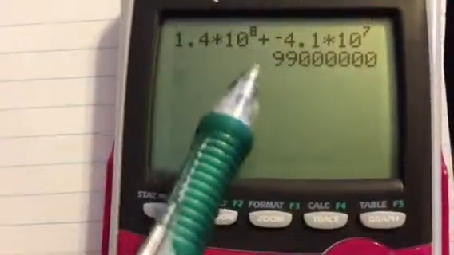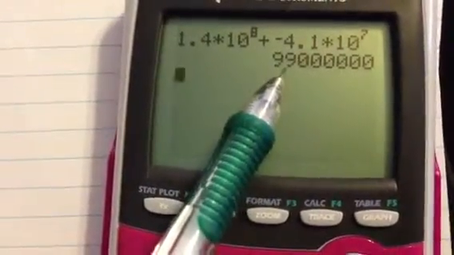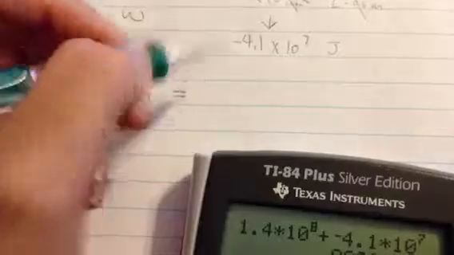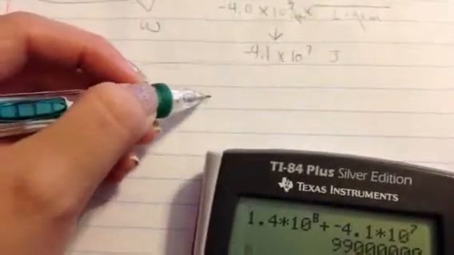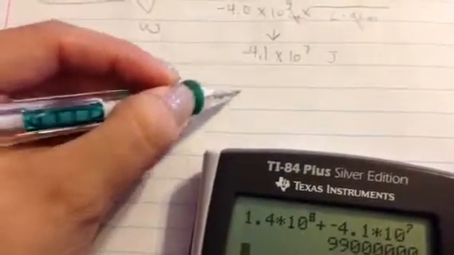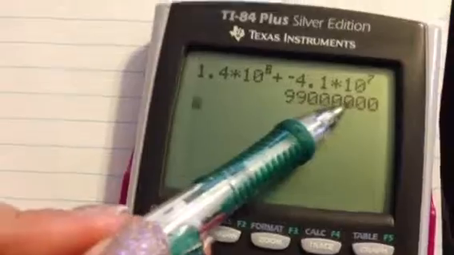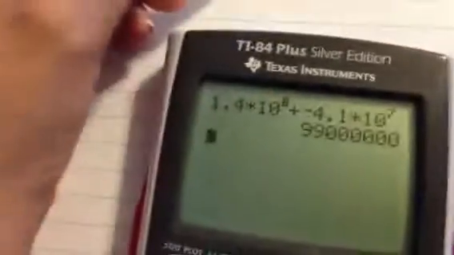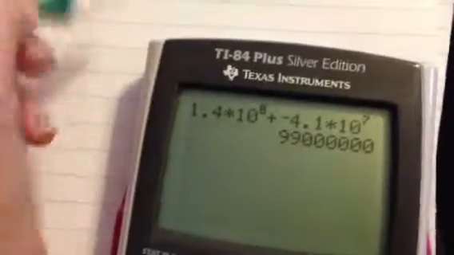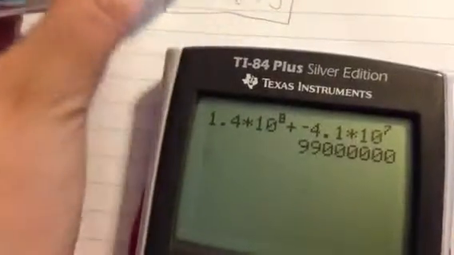So we're going to put it in sig figs. We're going to do 9.9. So I'm going to write that down right here. 9.9 times 10, and we're going to count, 1, 2, 3, 4, 5, 6, 7. Times 10 to the 7th joules. So this is the answer.